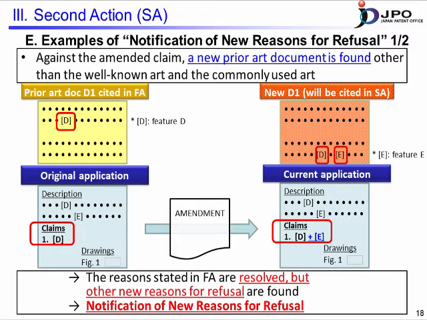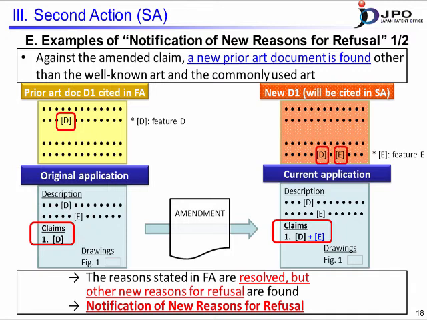In this case, the reason for refusal based on D1, in which the Feature D is disclosed, has been resolved. On the other hand, the examiner conducted a new prior art search and found a new D1, in which the features D and E are disclosed.